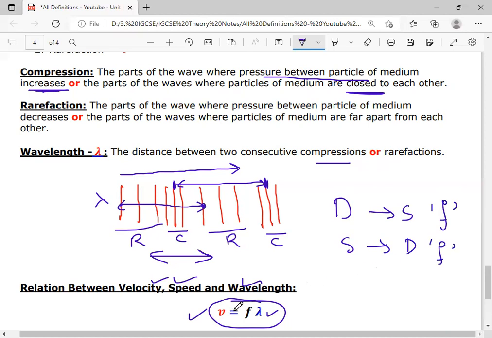When it turns from deep to shallow water, speed decreases due to which wavelength also decreases, but frequency remains the same. And when waves enter from shallow to deep water, velocity increases due to which wavelength also increases.